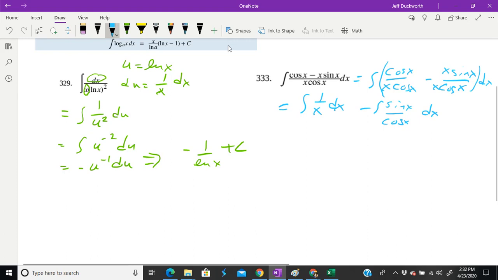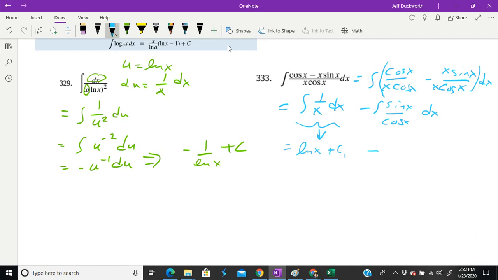Well, we don't need a u substitution for our first one. This is simply ln of x. And then plus some c. This one here, however, we're not going to integrate just yet. We're going to need a u substitution.